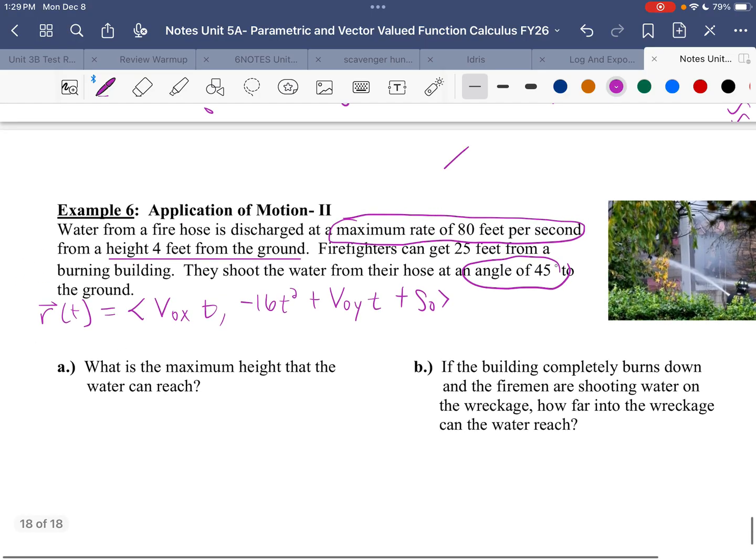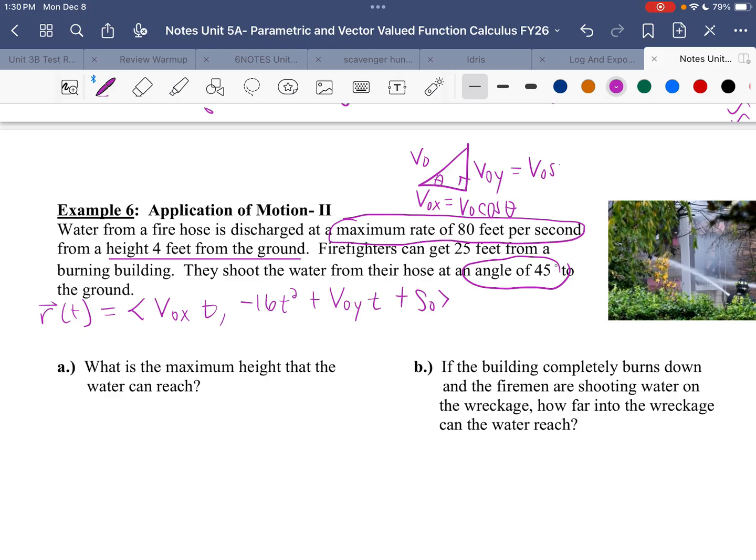Okay, and remember, if we know the angle, this is your initial velocity times cosine at that angle, and this is your initial velocity times sine at that angle.